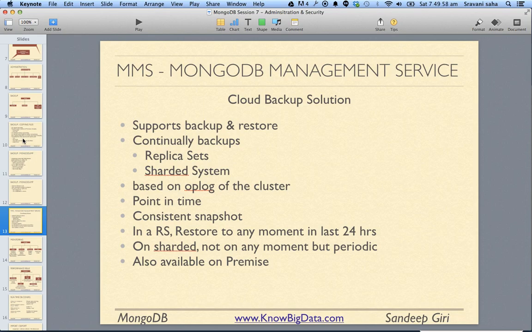It is available in two modes, on-premise and cloud, meaning your backup will be available locally, can be copied locally, as well as taken to their cloud. If you back up to their cloud, it is going to cost you, while if you use their on-premise solution, it is not going to cost you. It has tried to eliminate all of these problems related to mongodump and other aspects. It's called MongoDB Management Service.